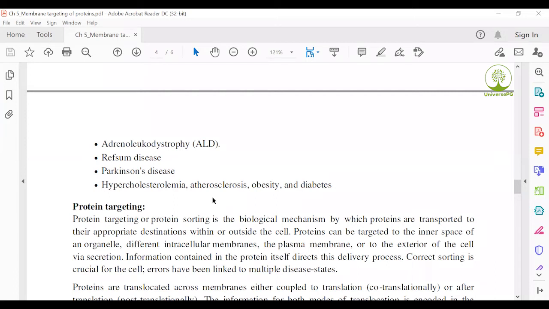Last, diabetics. You know, diabetics: when the blood sugar level, the glucose level, is high in the blood, this is called diabetics. You read it in detail in the 6th semester, and it may be a correlated topic in another semester.